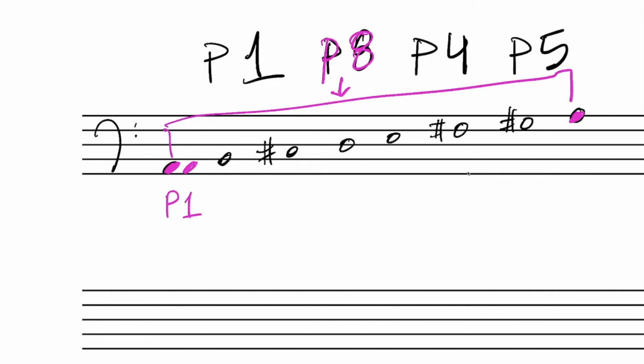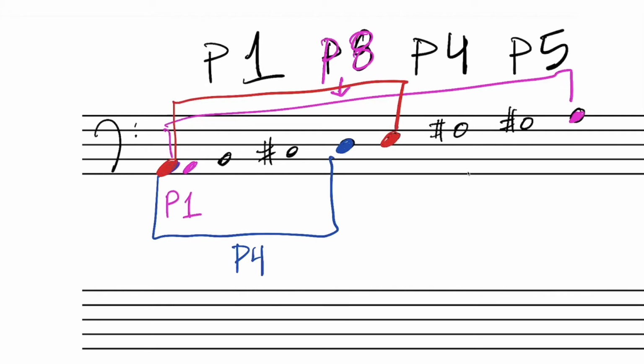All right, now let's find the perfect fourth and perfect fifth from this scale. Check out scale degree 1 to scale degree 4 will give us our perfect fourth. In this case, A to D. And then let's find that perfect fifth.